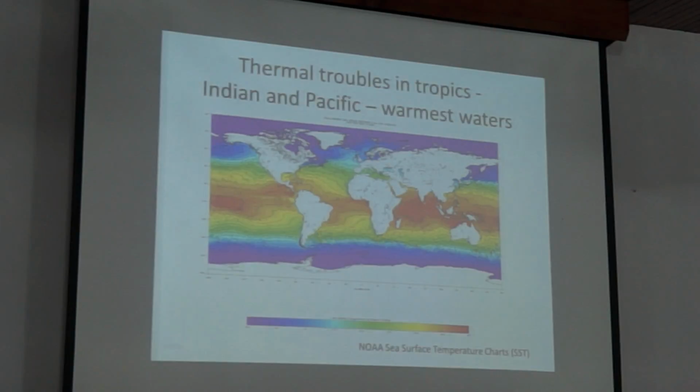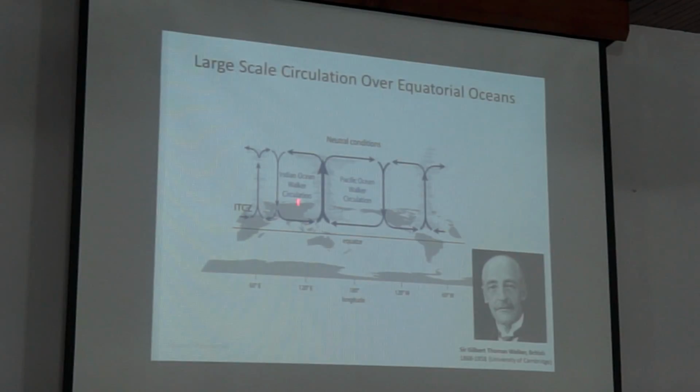When you have a very warm sea surface, you get a lot of warm air rising. And when it is a little bit less warm, the air comes down. So over the Indian Ocean, especially the Western Pacific, air is rising quite a bit.